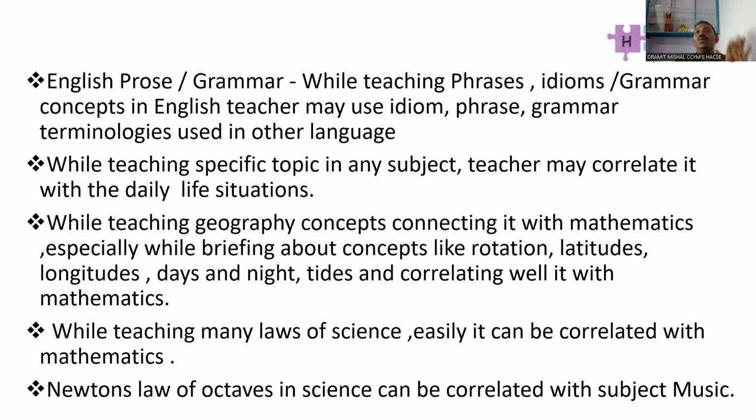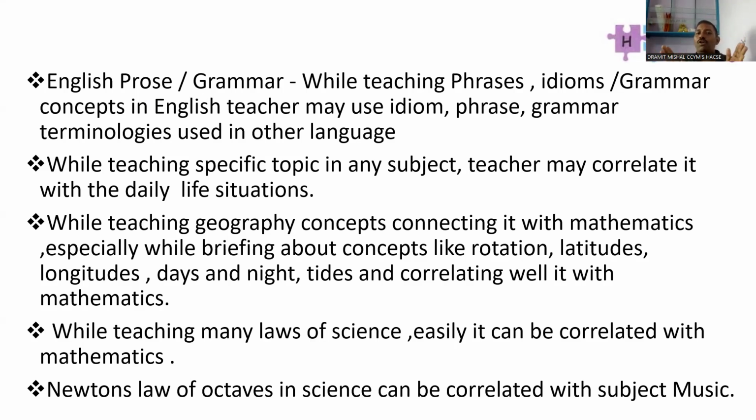The teacher can correlate one language's idioms with another's. The child will feel more connected if local examples are given and connected with English, showing how idioms are used in local languages and in English.